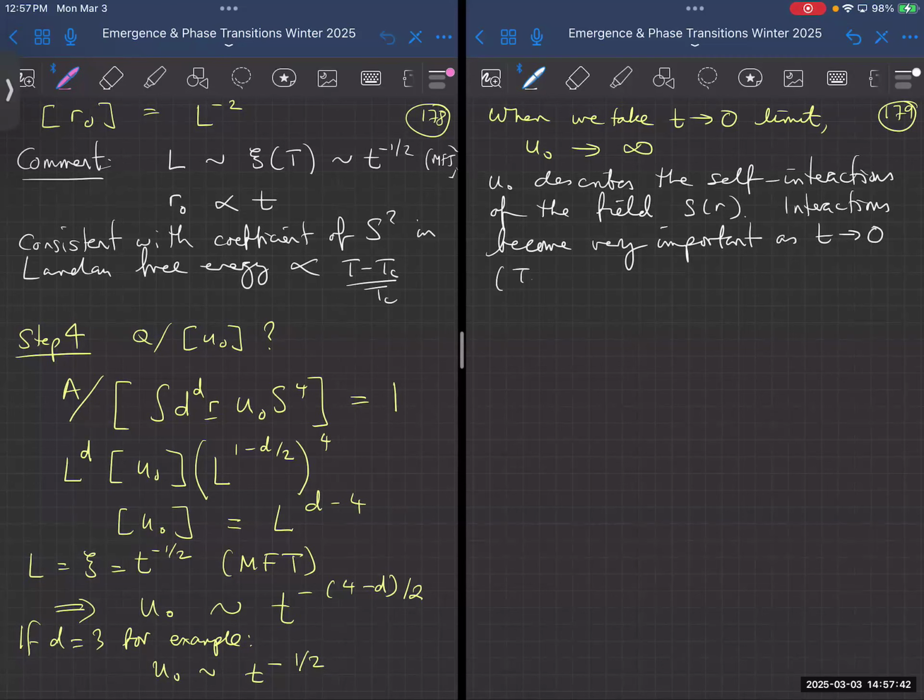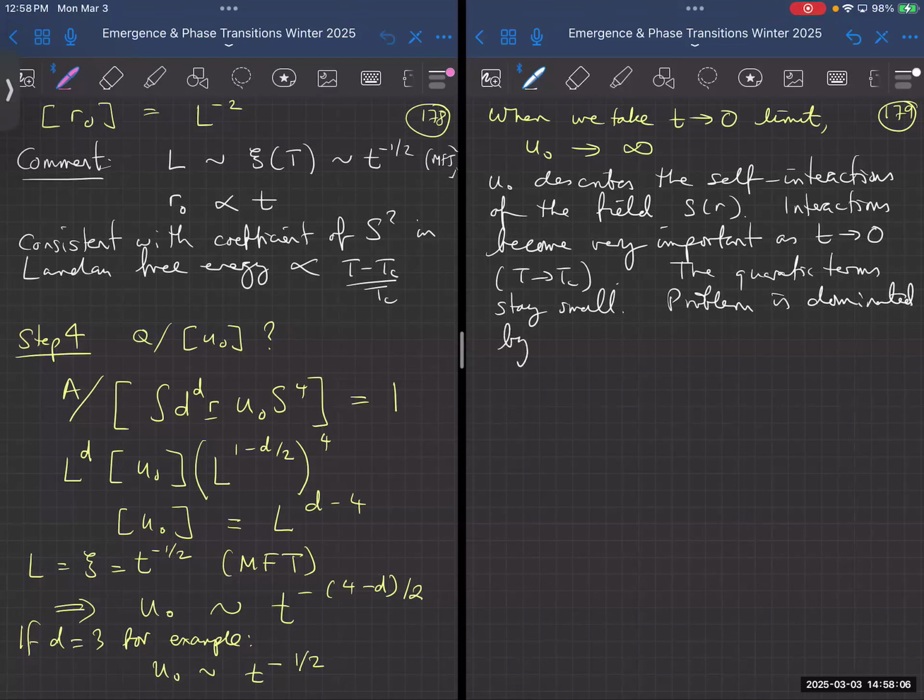In other words, T is tending towards Tc. The quadratic term stays small. And so this problem is dominated by strong interaction as T tends to Tc.